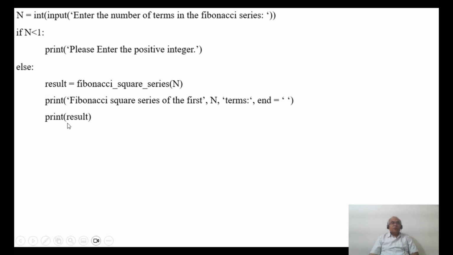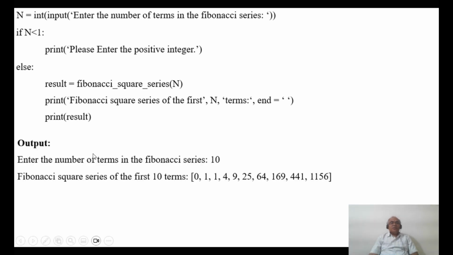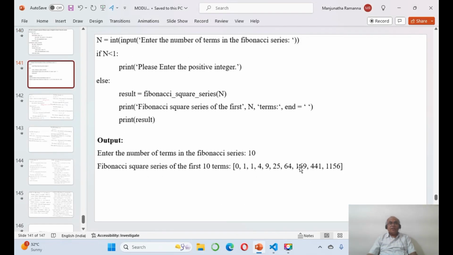So the result is the one which is going to be printed as the final value. So what is the output you are going to get? The output will be: enter the number of items in the Fibonacci series, 10. The Fibonacci square series of the first 10 numbers will give you this value. So this is how you will be able to get the Fibonacci square series of the number.